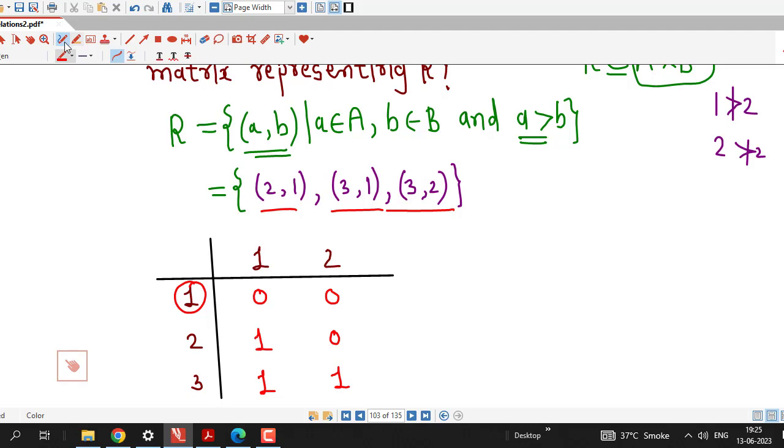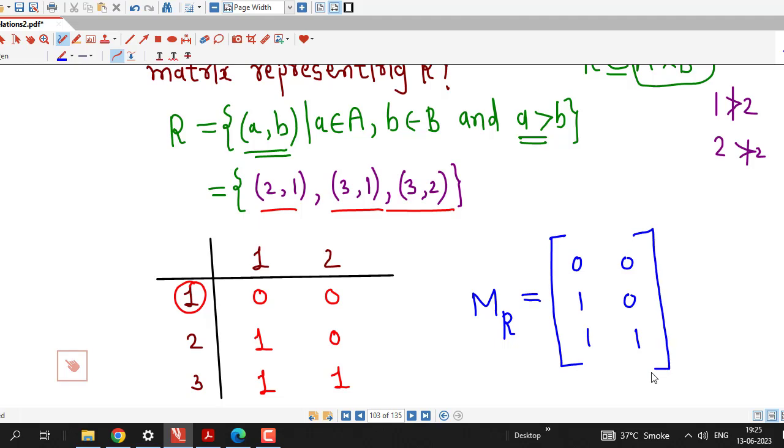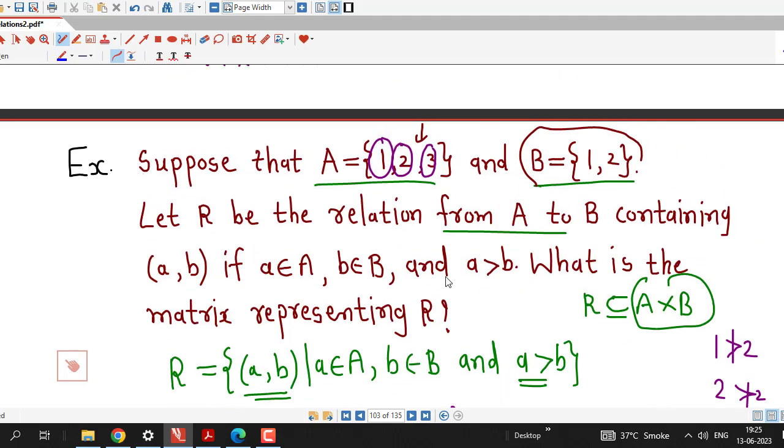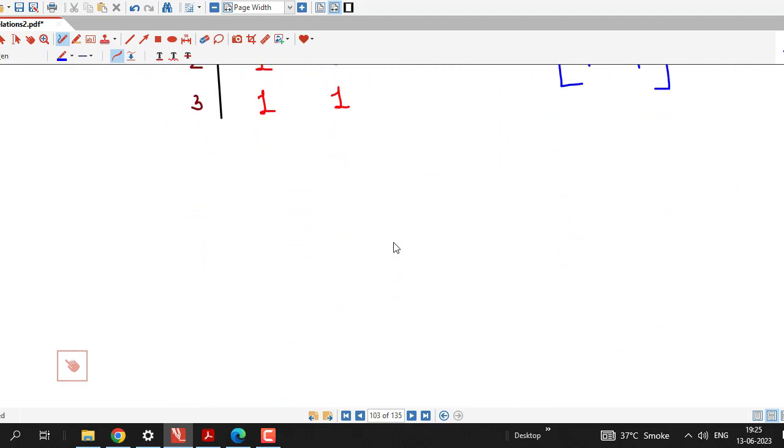So this is our relation matrix. From this table we can write down the matrix of the relation: first row is 0, 0, second row is 1, 0, third row is 1, 1. So it is very easy to obtain the relation matrix from the given relation.